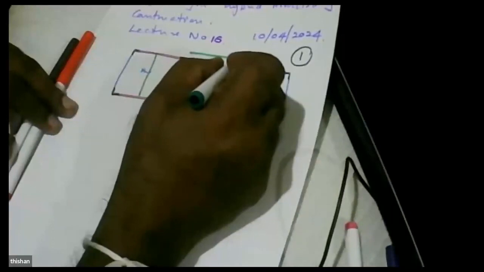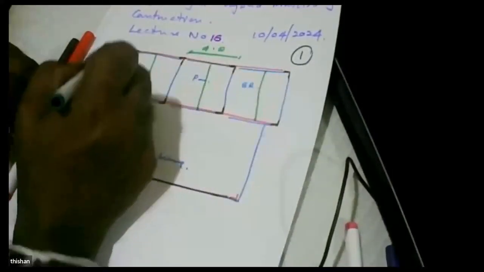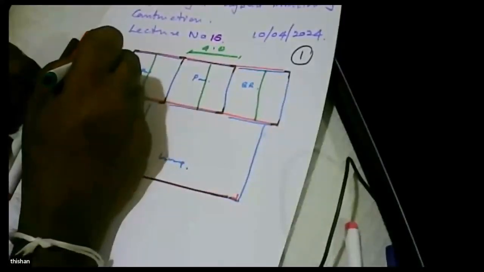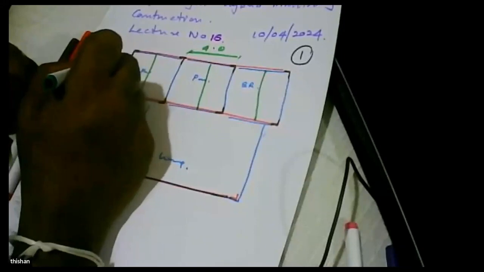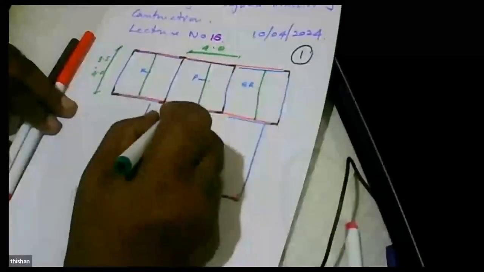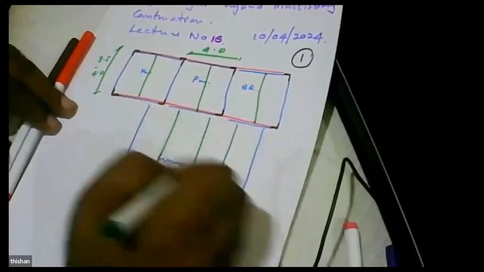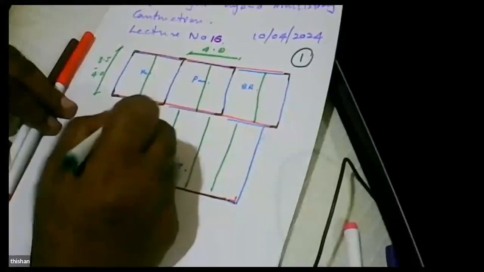These can be about 4 meters, and in this direction it can be 3.5 to 4 meters, and if you want you can have even larger spans, like 6 meters.